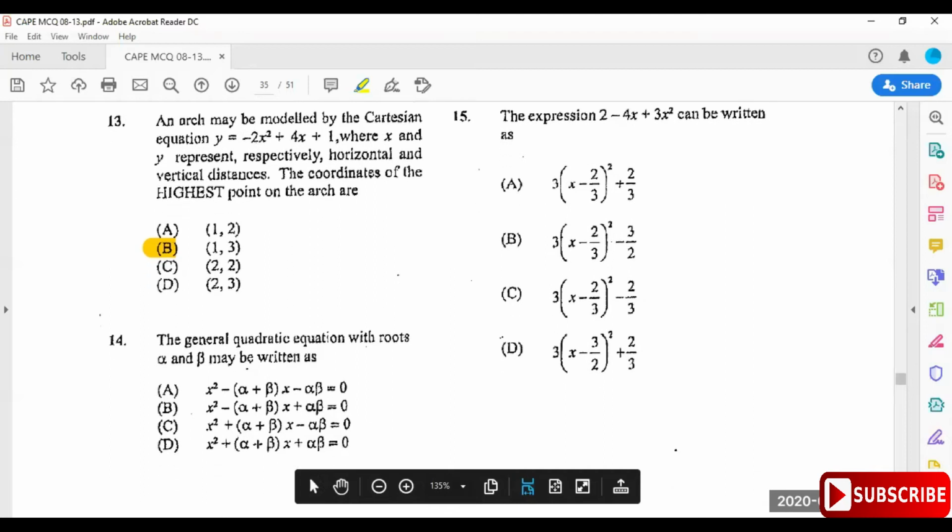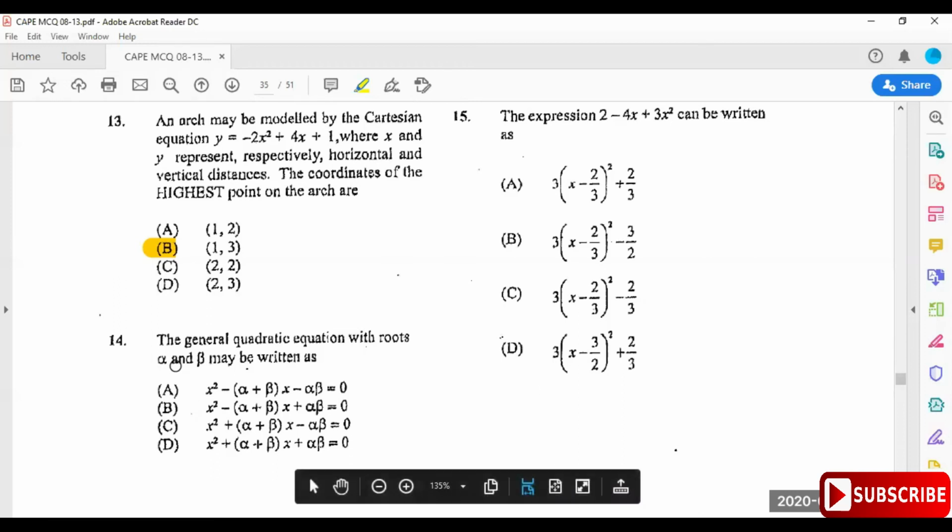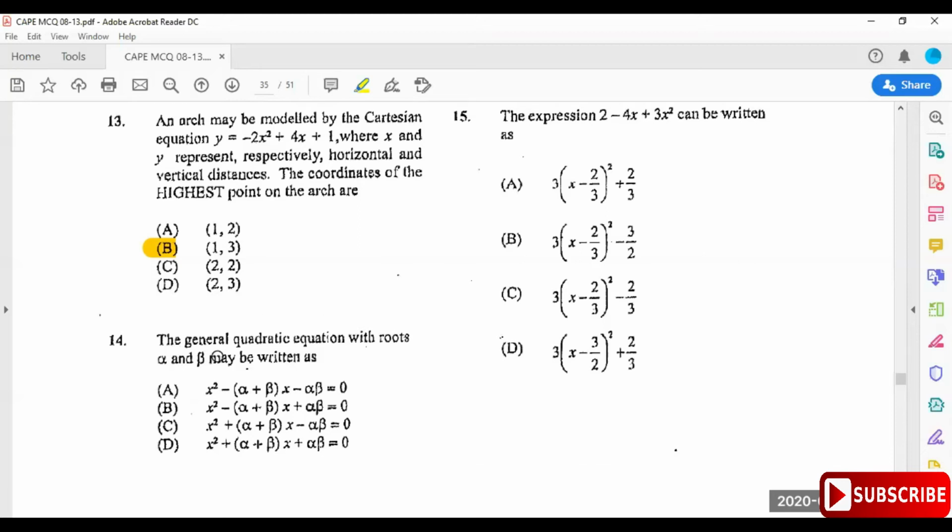All right. Okay, number 15 as well, sir. Yes, I will do number 15 like that as well. All right, question 14 is an easy question. They ask for the general quadratic equation with roots alpha and beta.